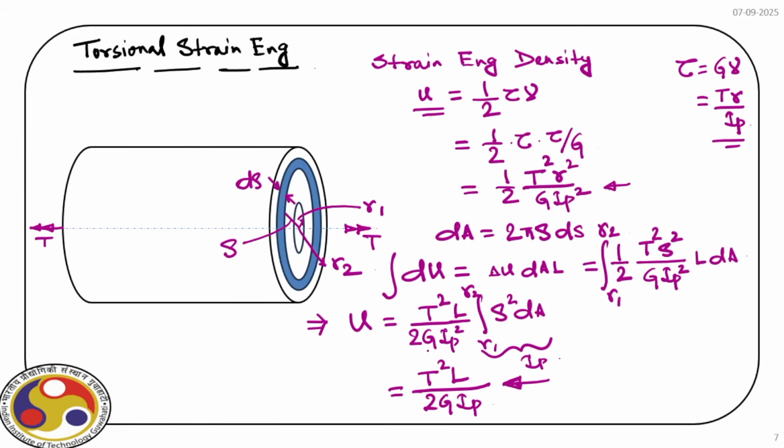So now we have the expressions for axial strain energy, bending strain energy, shear strain energy, and torsional strain energy. So we have all the expressions. Now we can take some problems, right? Our first problem is a cantilever beam. So this is example 1.